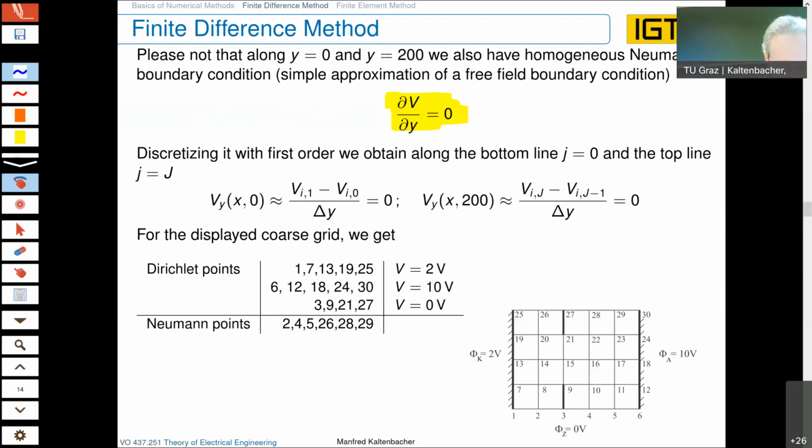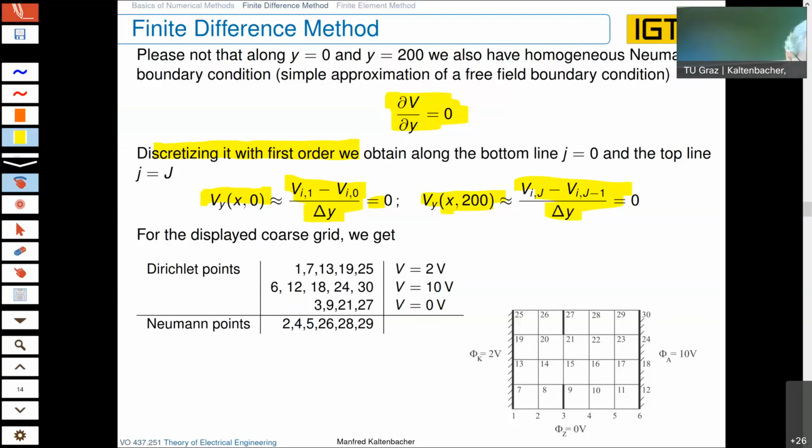Okay, so for the discretization of this first order derivative, we always write the derivative with respect to this index, which can then be simply written with this part, and this is equal to 0. We also have it at the position y equals 200. So we get these values, which are then 0 within our stencil when we set up the equations.